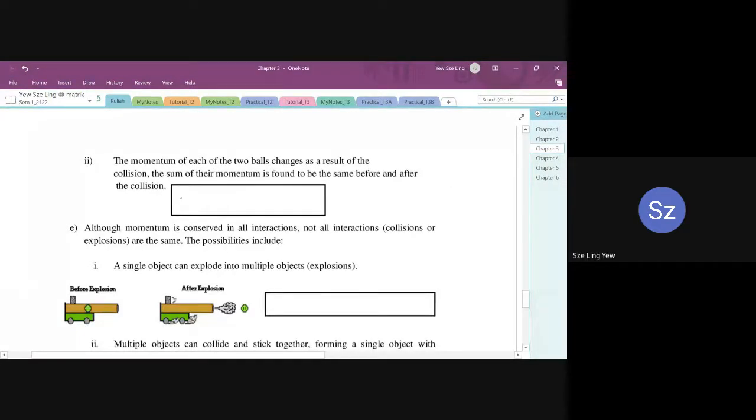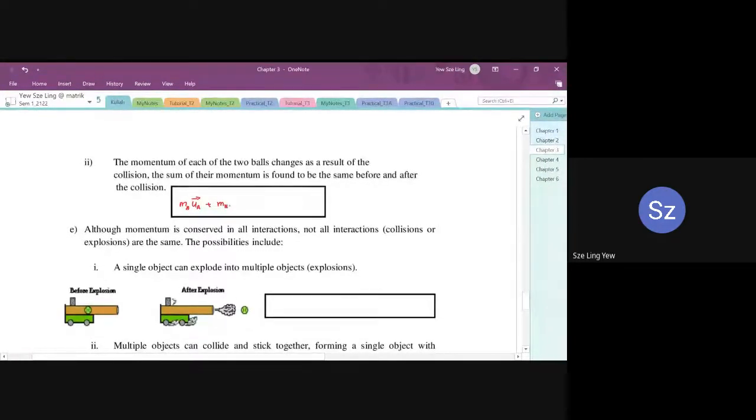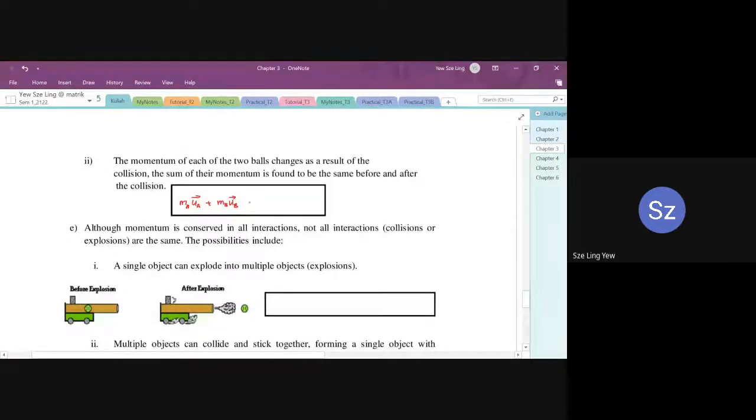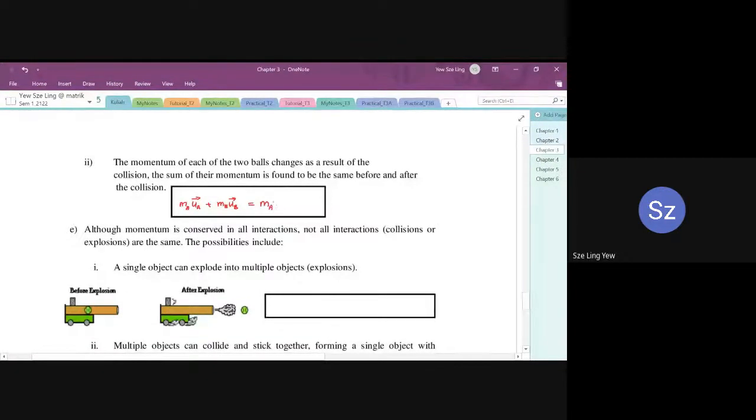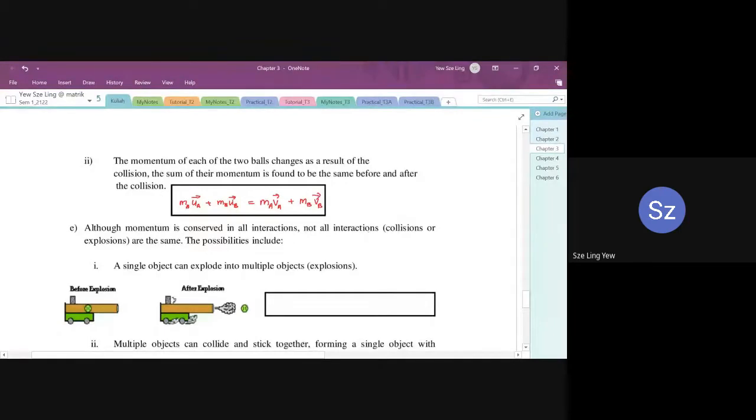So we are going to write it as MA UA, this is a vector, plus MB UB equals MA VA plus MB VB. So this is the general equation. After, in your calculations, you then decide whether the velocity is positive or negative.